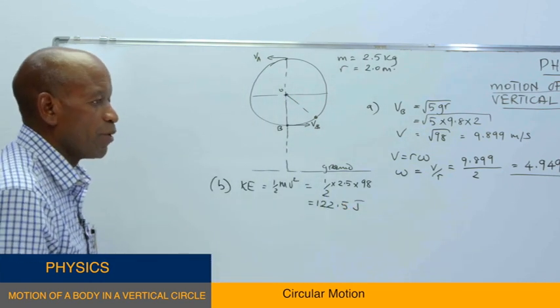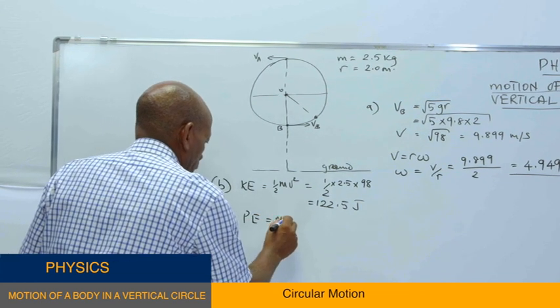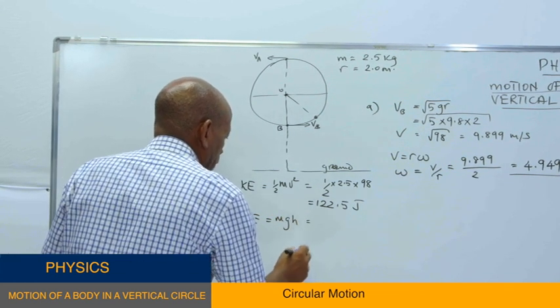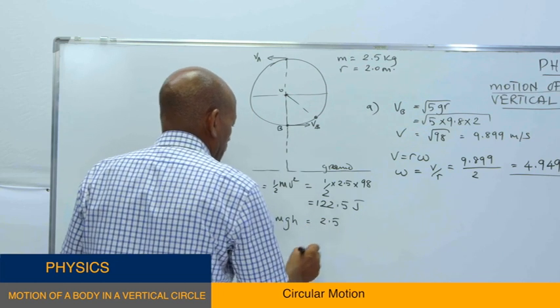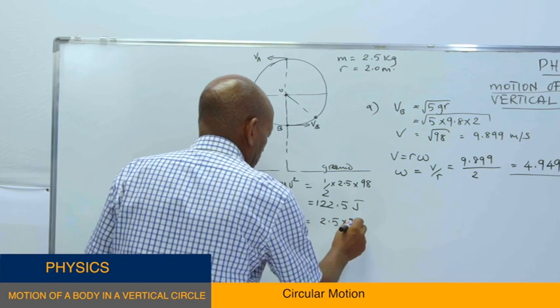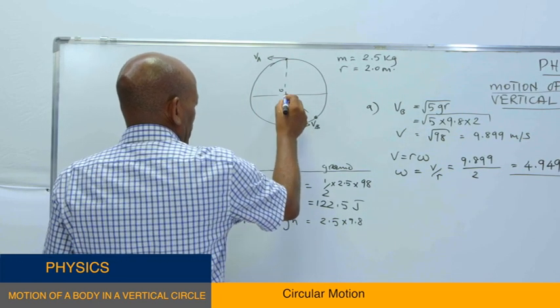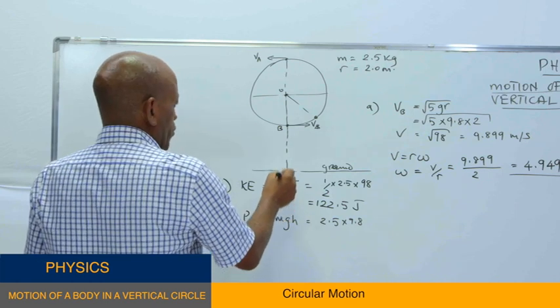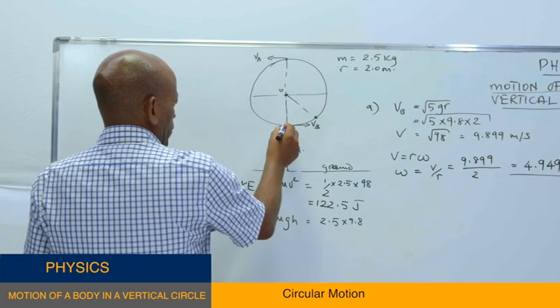And we can also determine the potential energy. The mass is 2.5 kg, G is 9.8, and the height, remember, is 6 meters from the bottom. If the radius is 2, then this will be 4 meters from that point.